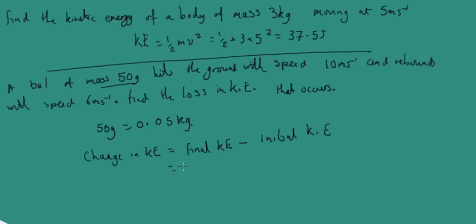So the final kinetic energy is half times 0.05 times the final speed, 6 squared, minus a half times the mass, which is the same, times the initial speed, which is 10 squared.